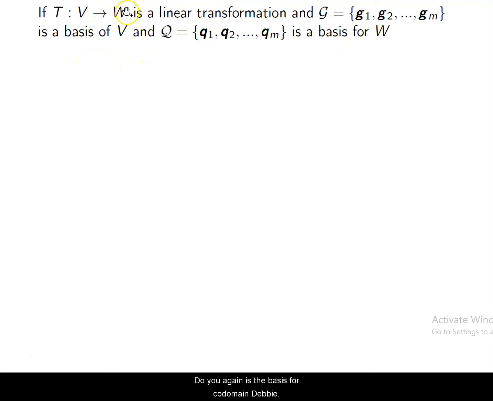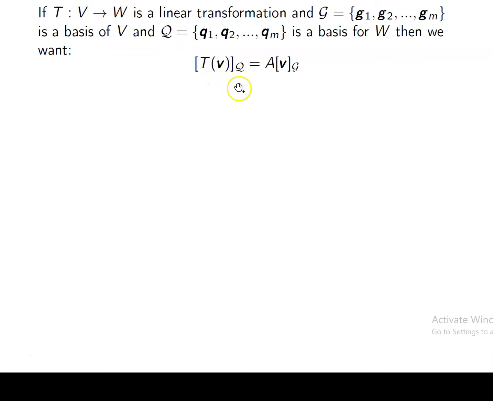And Q, again, is the basis for our codomain W. Then we want the following: the transformation of our vector v, in terms of Q, in terms of our codomain space, to be given to us by some transformation matrix times the vector that's represented in our domain space by the basis that forms that vector space.